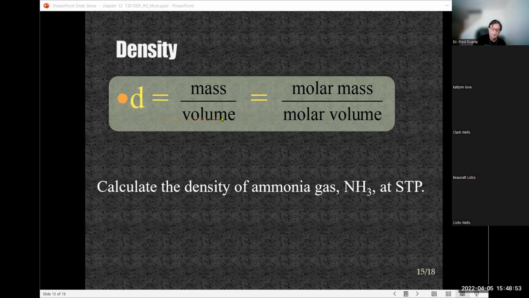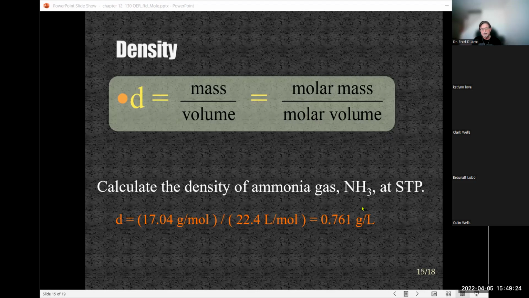And so, for example, calculate the density of ammonia gas, which is NH3. We calculate the molar mass, which is 1 nitrogen, 3 hydrogens, that has a molar mass of 17.04 grams per mole. And we are at STP, that means the molar volume is strictly 22.4 liters per mole.